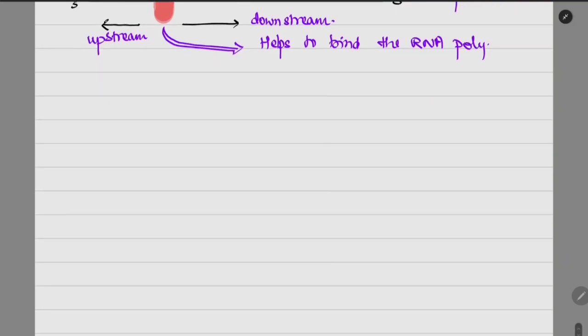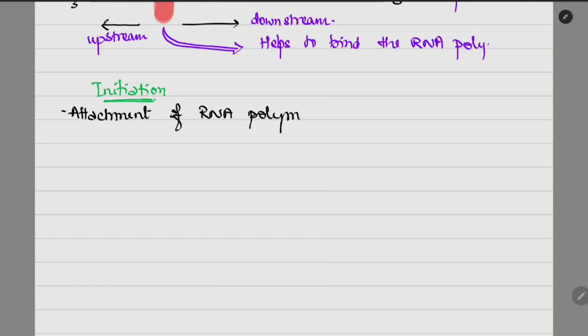Now the 3 steps for the transcription, the first is initiation of the RNA formation. In this step there is attachment of RNA polymerase to the promoter sequence.